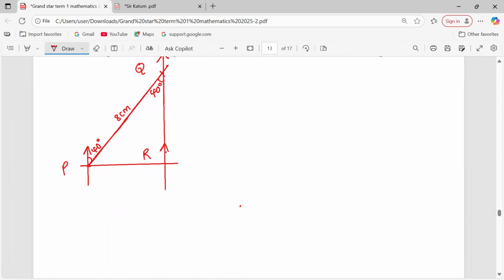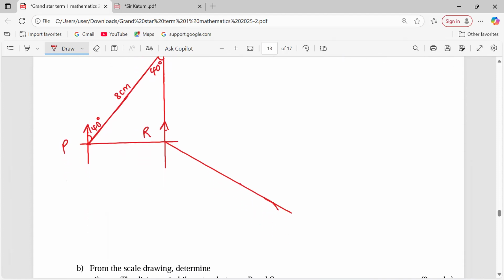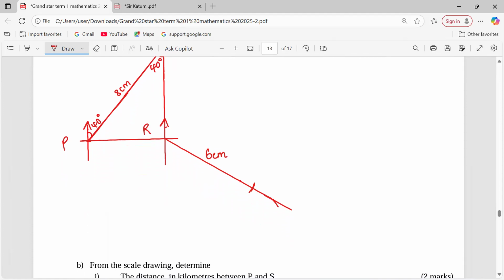So I produce 120, that way. And now we talk about a distance of 6 centimeters.